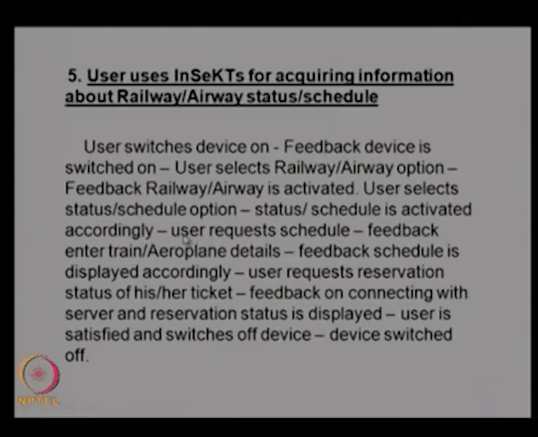When the user requests the schedule, feedback will be given about the train or air services, and based on that he will give the details. Then the user requests the reservation status of the ticket, as in a booking status inquiry, and feedback on connecting with the server and the reservation status is displayed. The user is satisfied and switches off the device, and the device is switched off. So those are the activities carried out by the user when using this particular service.